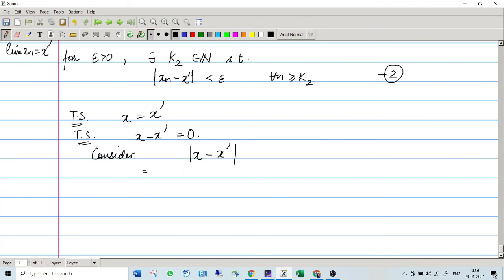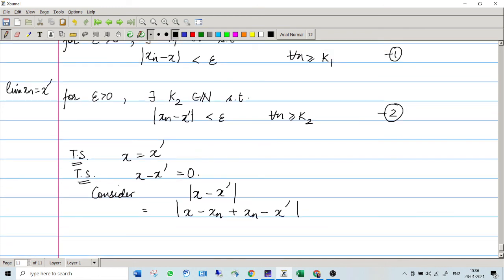How? x minus xn plus xn minus x dash अगर हम करें तो कोई दिक्कत? अब we have that the modulus is separated over these, and the best way out to separate a modulus is by, what do we call this inequality?